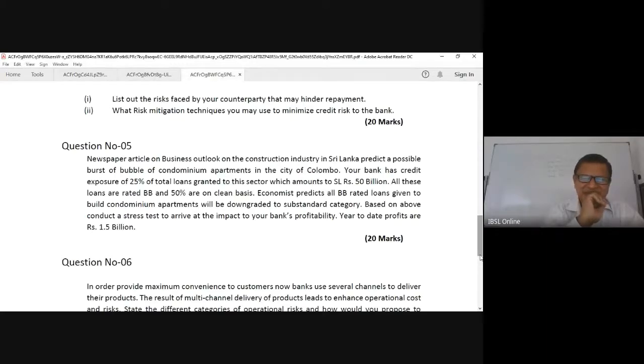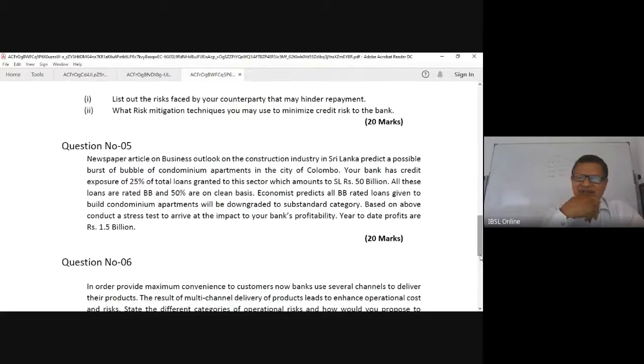Newspaper article on business outlook on the construction industry in Sri Lanka predicts a possible burst of condominium apartments in the city of Colombo. So the news item, or the scenario to do a stress test, is that in the construction industry a bubble might burst. That means we have put a lot of money on this particular segment of the industry.